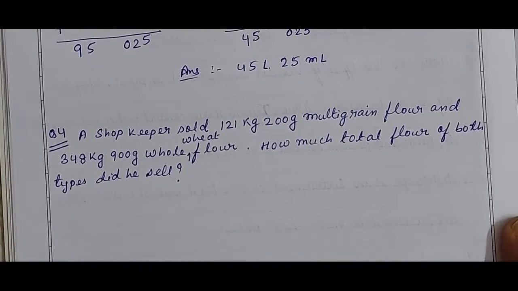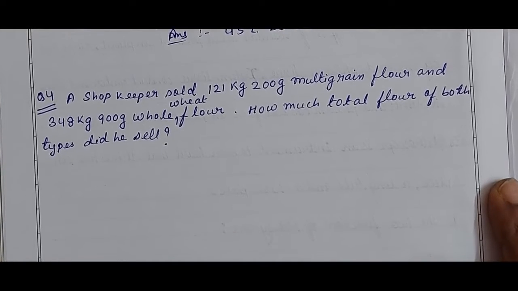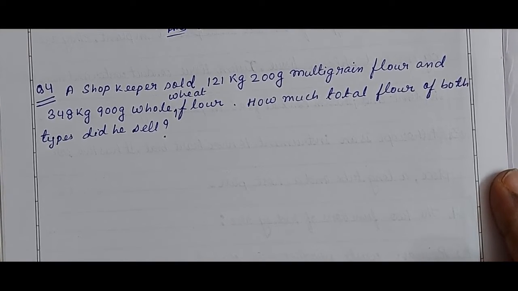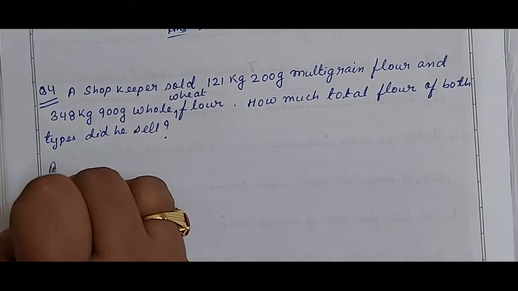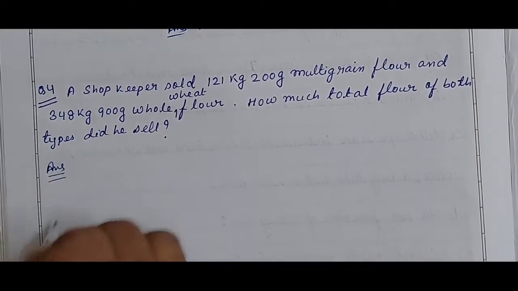The next question is, a shopkeeper sold 121 kilograms 200 grams multigrain flour and 348 kg 900 grams whole wheat flour. How much total flour of both types did he sell? So this answer is very simple.